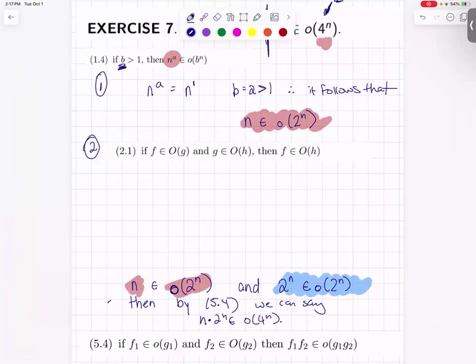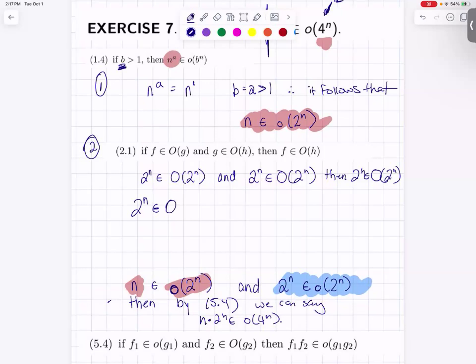Now, this is going to be mighty obvious, I guess, but 2^n is going to be in big O of 2^n, which we know is the case because it's just numbers. So clearly by using 2.1, we can see that 2^n is in theta of 2^n.